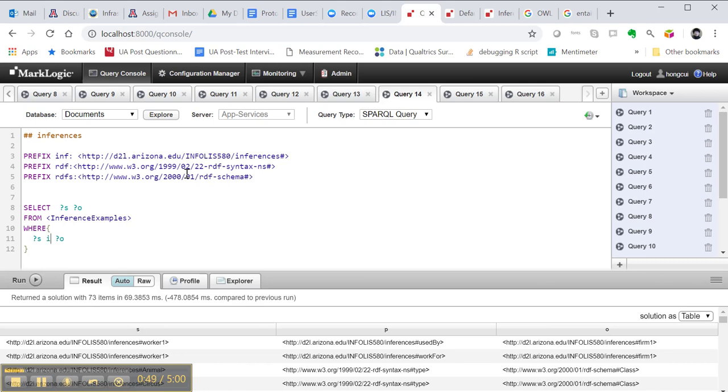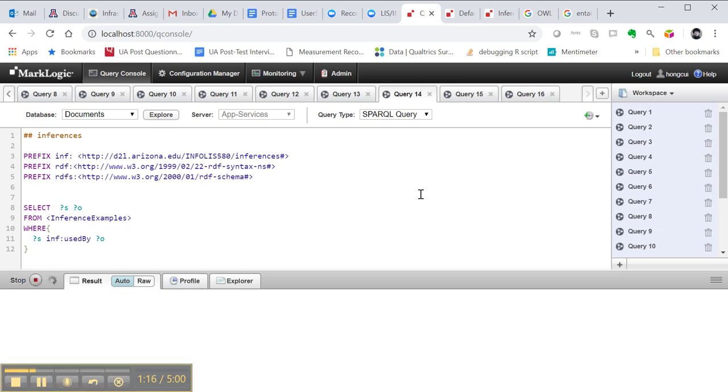In my asserted statement, I said worked for, and I want to see whether the equivalent property assertion can be used to infer the usedBy property. So I'm going to ask, in that graph, is there anything being used by another thing?